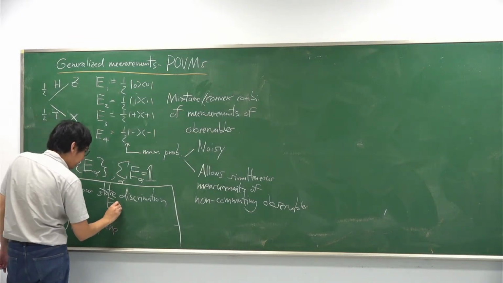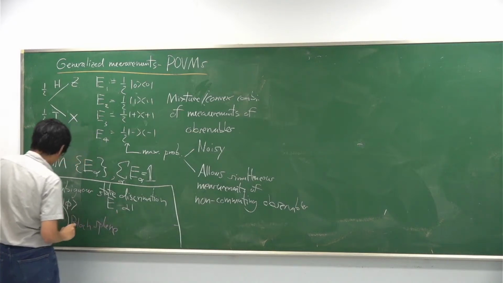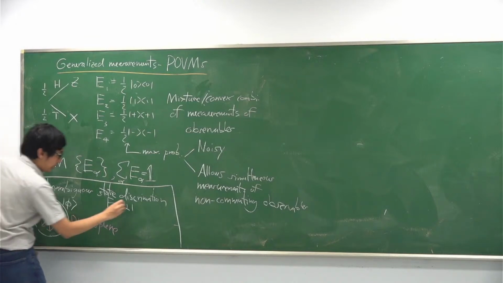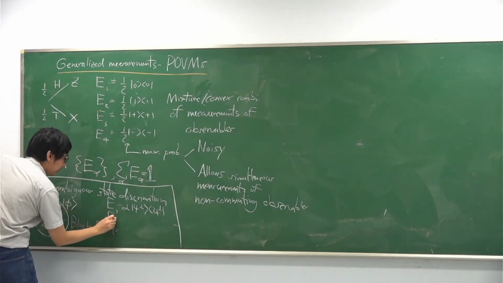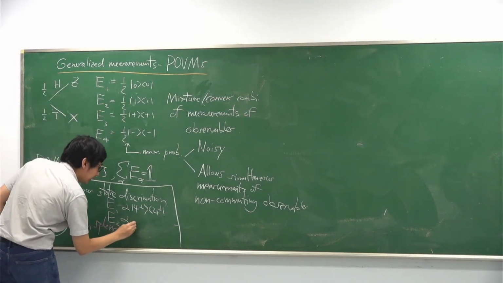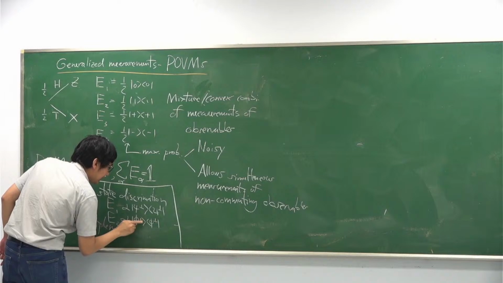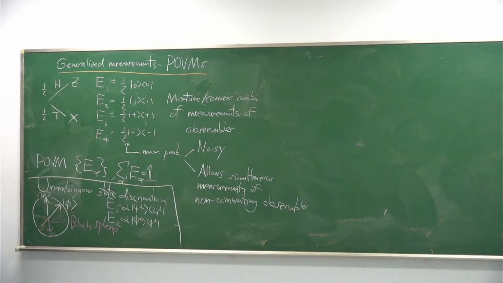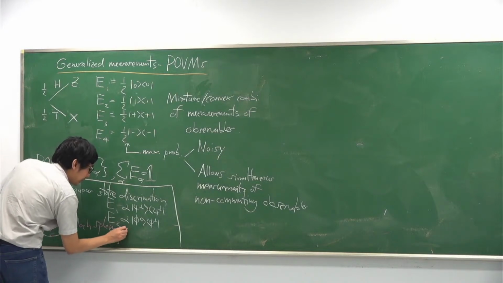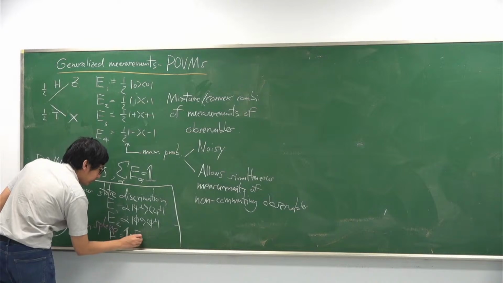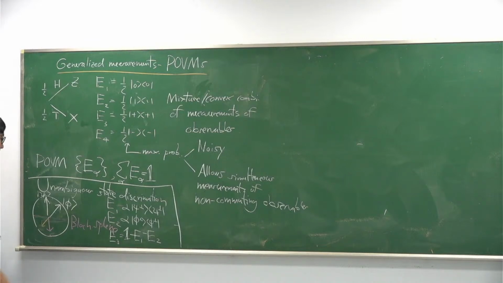So that the first POVM element is proportional to the projector onto the state that is orthogonal to psi. The second POVM element is of course a scaled down projector onto the state orthogonal to phi, and then you can define the last one to simply be this, so that it sums to one.